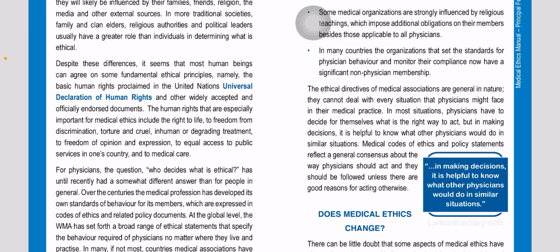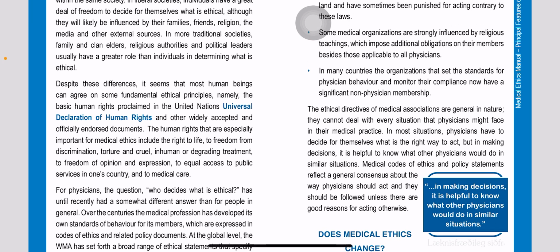And other widely accepted and officially endorsed documents, the generally accepted principles of international law, for example, the rules as promulgated by the United Nations, the World Health Organization, and the World Medical Association.